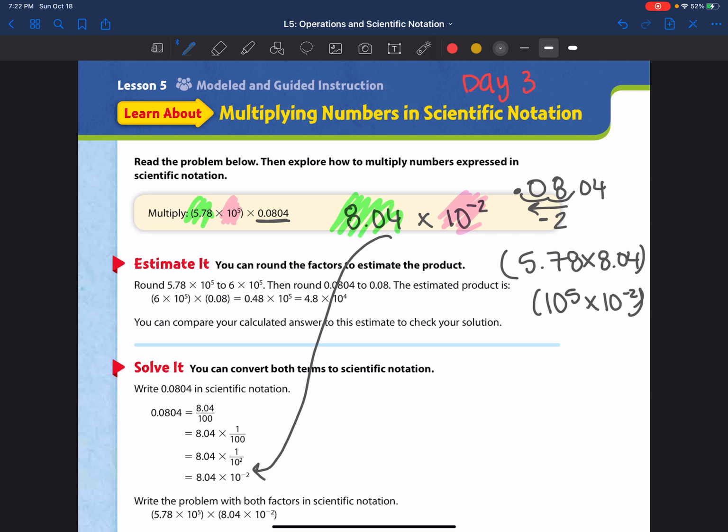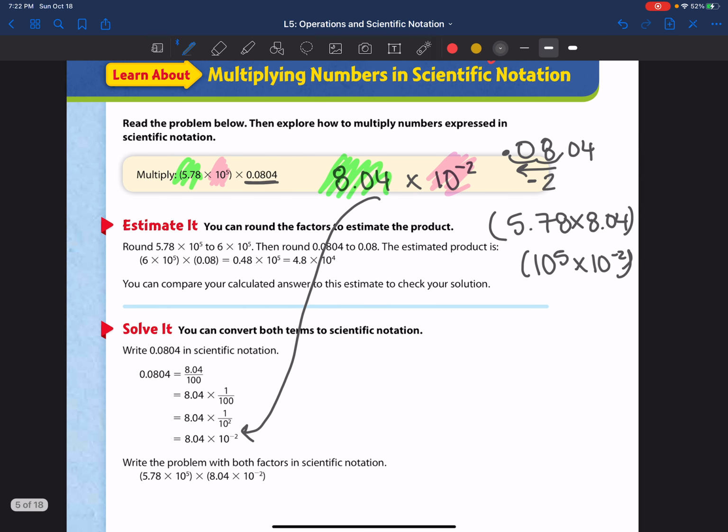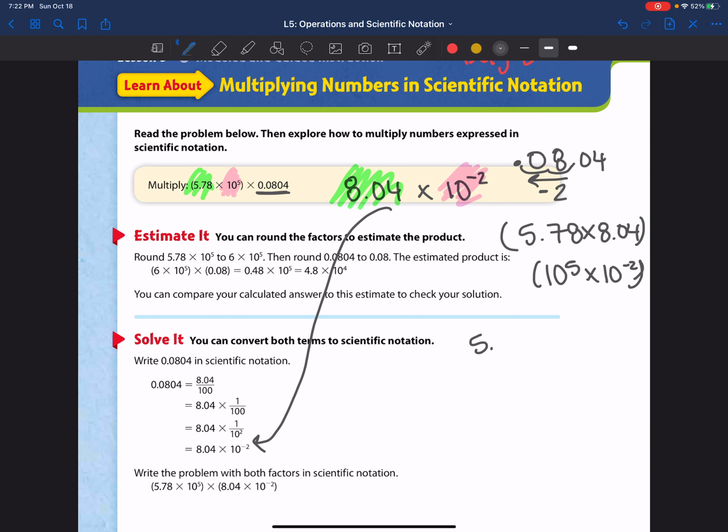All right, so we will first do 5.78 times 8.04. I don't know why I keep saying it wrong. Let me go ahead and do that. I'll just go ahead and do it on here so you have it on your paper as well. 5.78 times 8.04. All right, so let's go ahead and solve that.